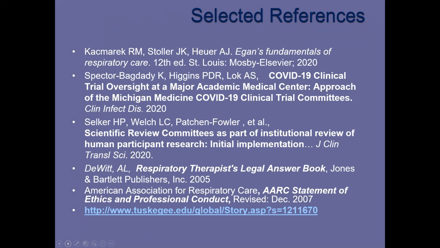We've listed other resources here, including Anthony DeWitt's Respiratory Therapist Legal Answer Book, the third to last reference. That's more the legal side of things. It is a bit dated, but the principles he references are tried and true. It's mainly legal, but he also talks about some ethical issues. And the other references include the American Association for Respiratory Care.